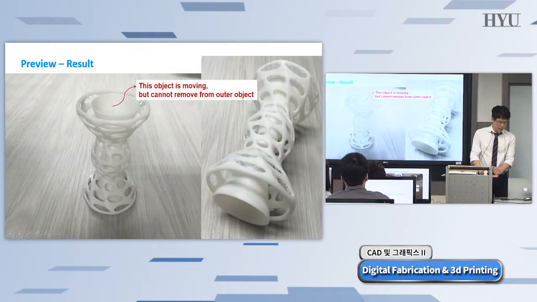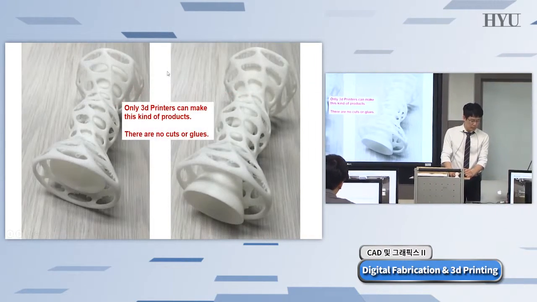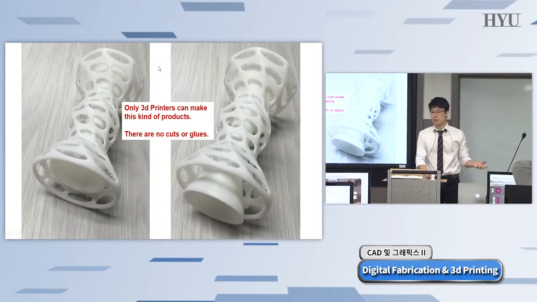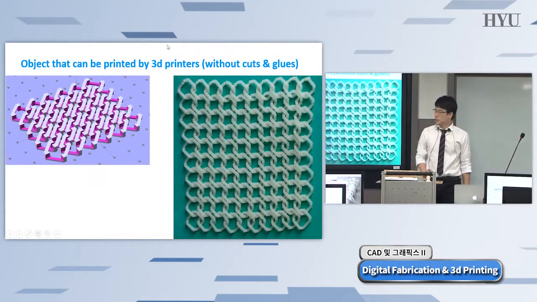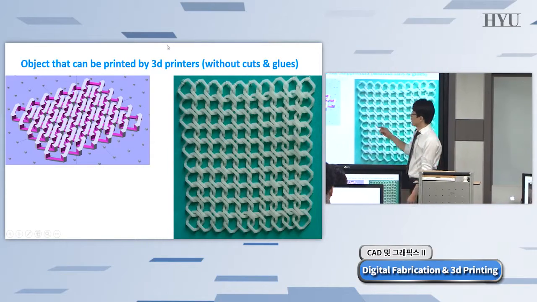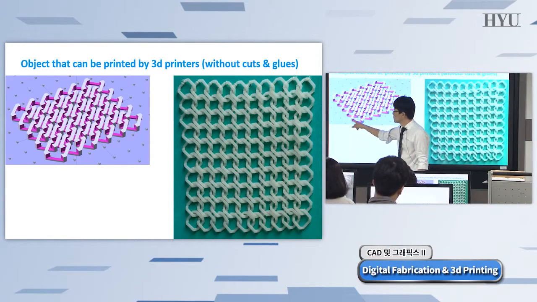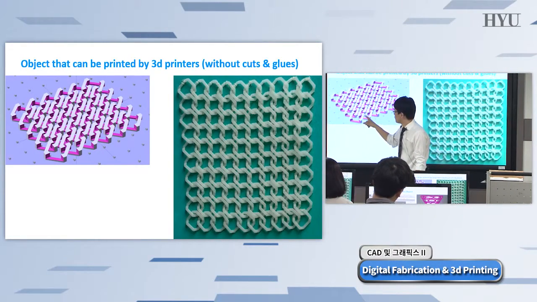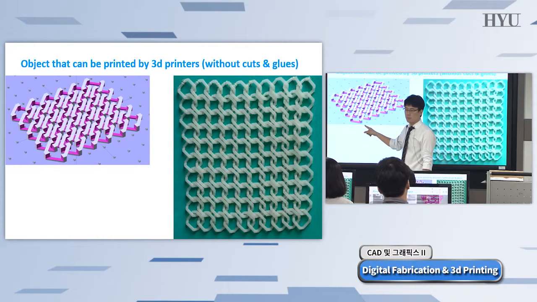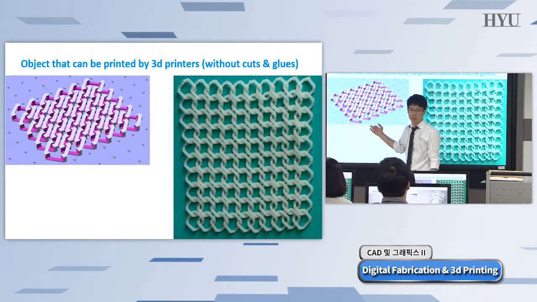This is the picture that I showed you. 3D printers can make this kind of product. That's my point. And let's take a look at another example. Take a look at this geometry, okay? A rectangle shape, and this is a so-called 3D chain, okay?